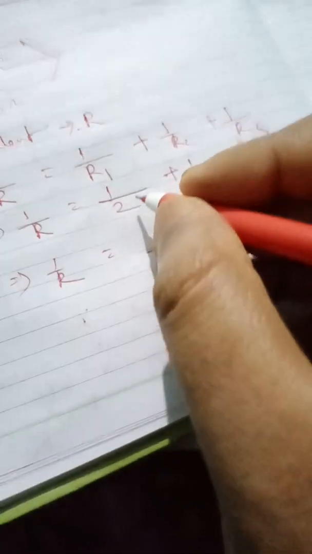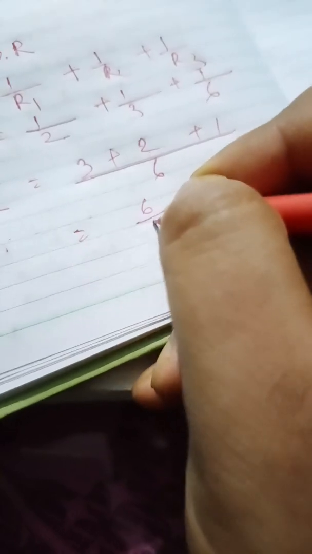So from here, the LCM of 2, 3 and 6 will be 6. So there will be 3 plus 2 plus 1, we simply add this: 3 plus 2 is 5, plus 1 is 6. So 6 by 6 is equal to 1. So 1 by R is equal to 1, that means R is equal to 1.